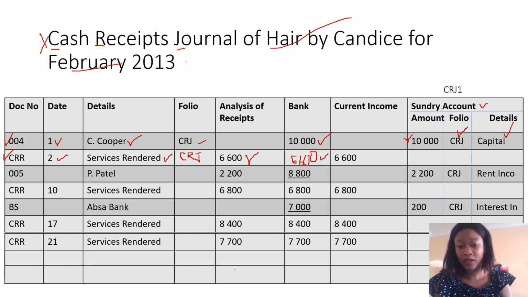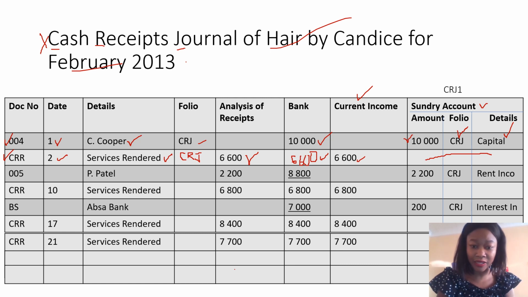Because of services rendered. We said the relevant account to record services rendered is the current income. So we record this 6,600 in the current income column. Is there any other account that is affected? No. So we will leave our sundry account empty because there is no account that is affected besides bank and current income.